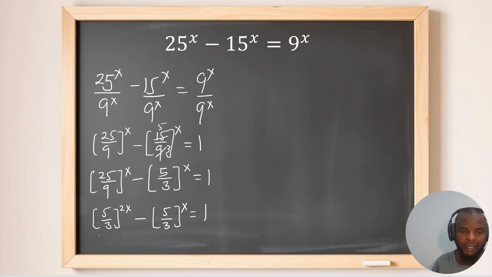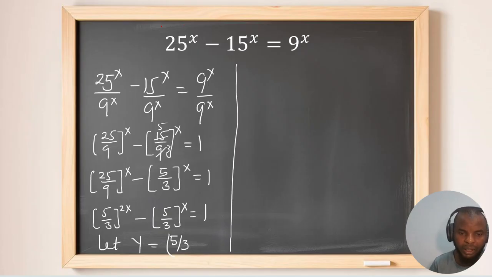Next, let y be equal to 5 over 3 to the power of x. Then we can rewrite this equation as y squared minus y equals 1, which can be rewritten as y squared minus y minus 1 equals 0.